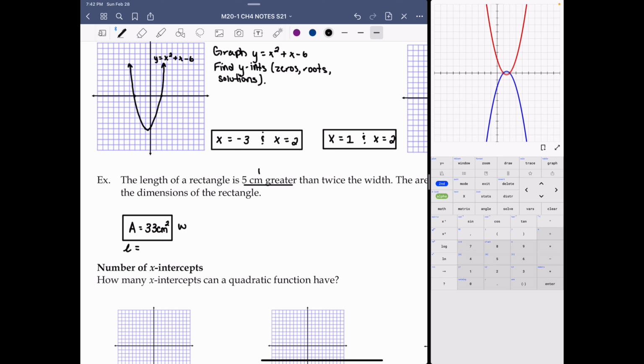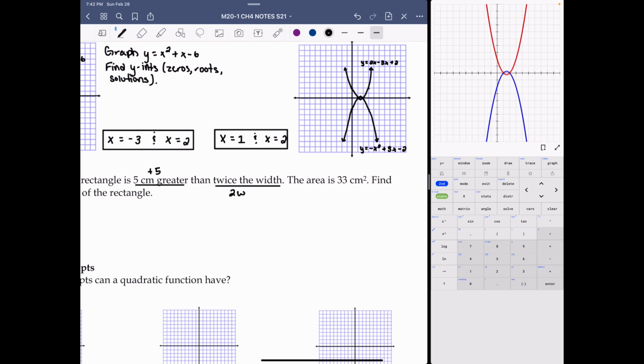That would be plus 5. Twice the width would be 2w. 2 times w is twice the width. So length is 5 plus 2w, 5 centimeters more than twice the width, or 2w plus 5. Either way is fine.